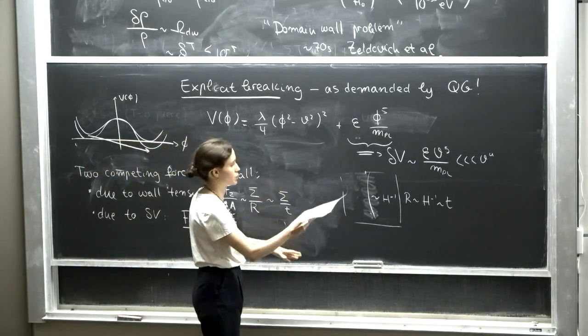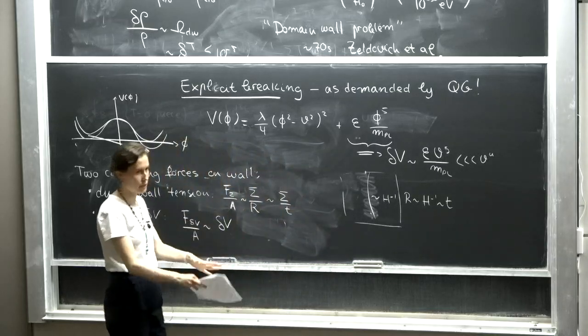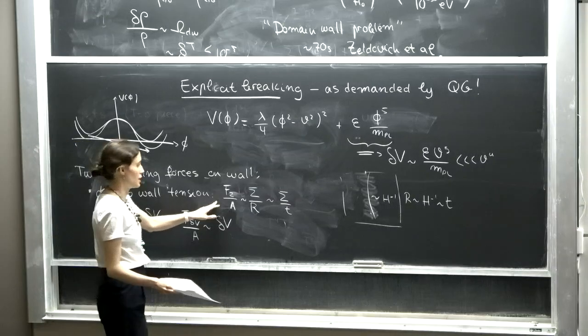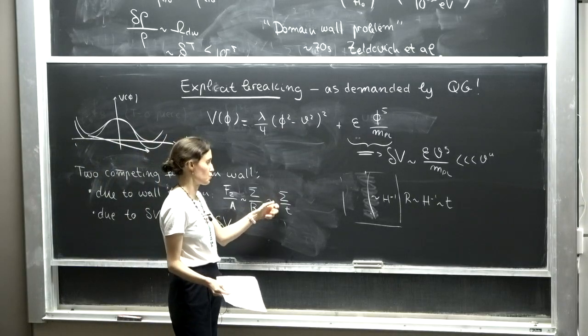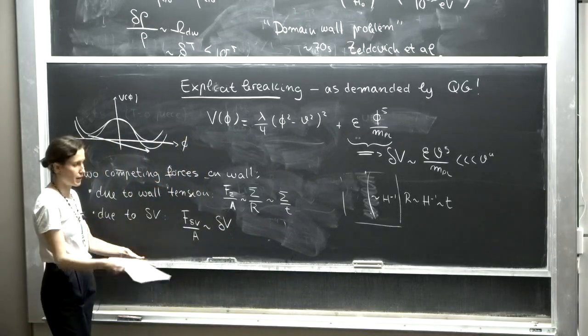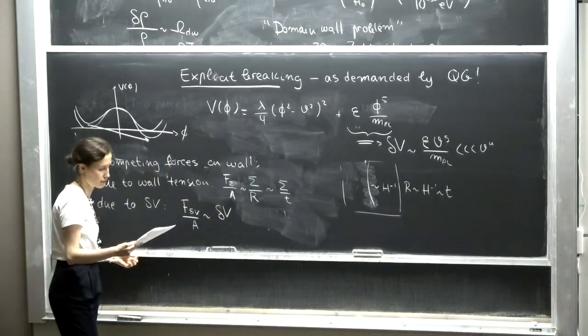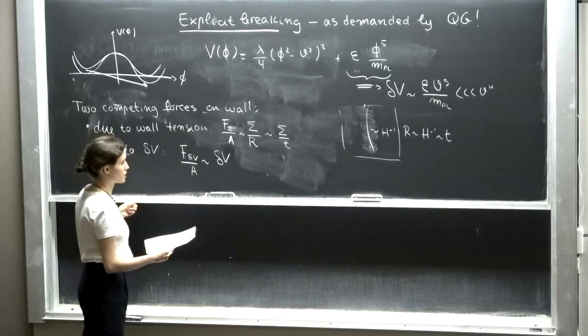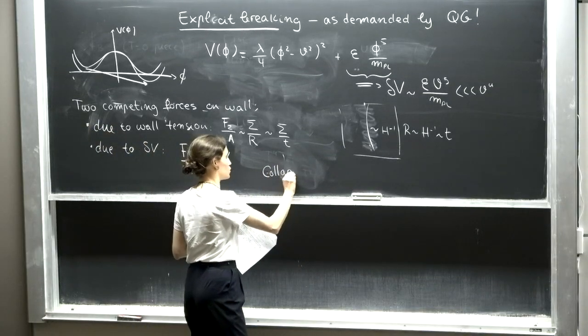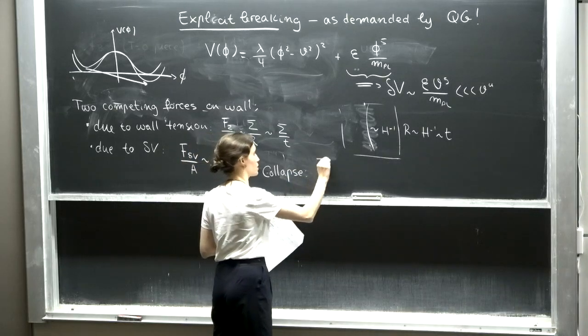The tension just wants to stretch the domain wall to basically fill the entire Hubble patch. But the effect of this force becomes weaker and weaker as time goes forward, and at some point it will get taken over by the difference in energy density. So the whole thing will just collapse at a time when the two forces are basically comparable to each other.